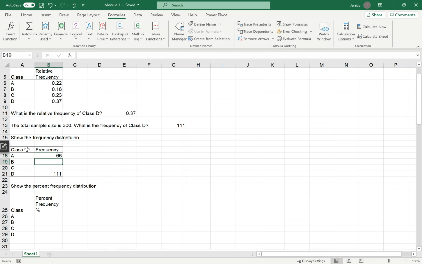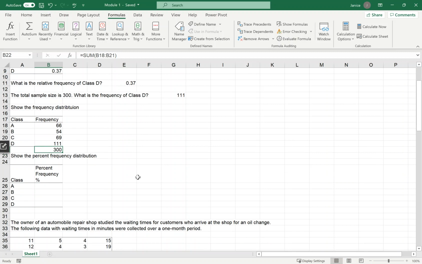And B is going to be 300 times 0.18. And C is going to be 300 times 0.23. And we can check our math here by just doing auto sum, and we got our 300. So sample size is 300.